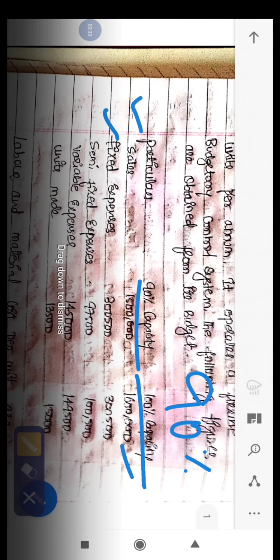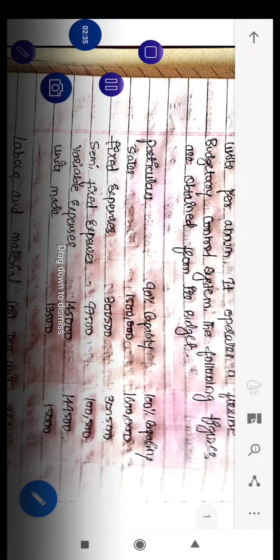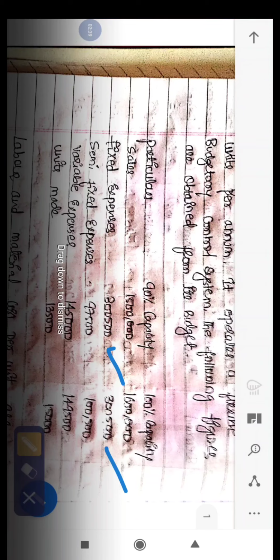Fixed expenses are 3,500,000 and 3,500,000, and semi-fixed expenses are 97,500 at 90% capacity and 1,05,500.